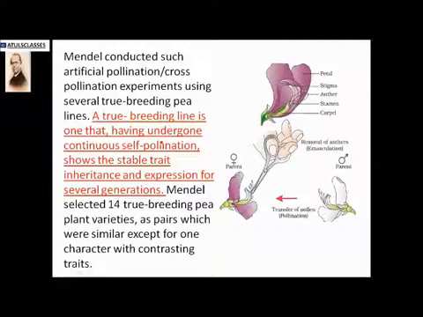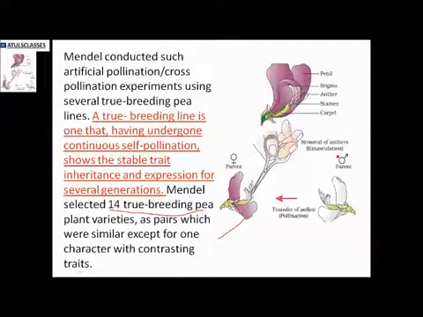So he used true breeding pea plant varieties. True breeding plant varieties means if you grow them again and again and collect the seed, they will give the same type of trait that was required in the experiment.